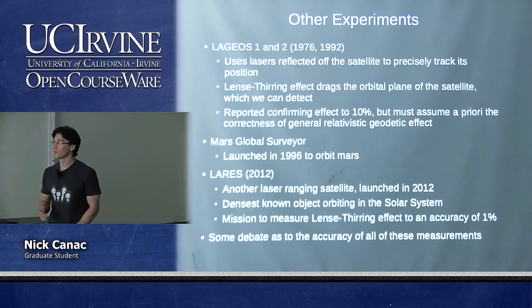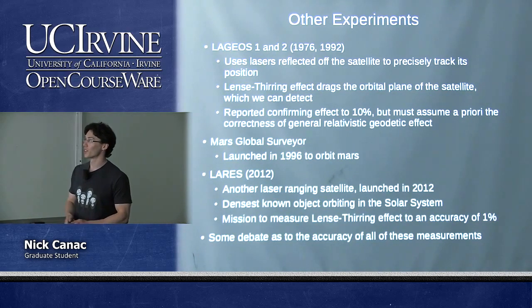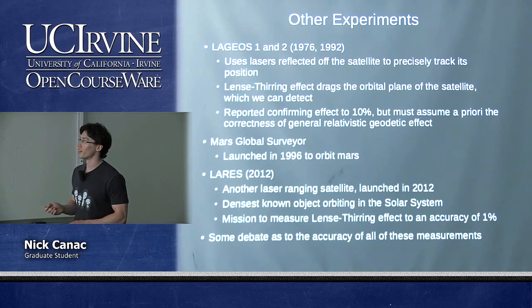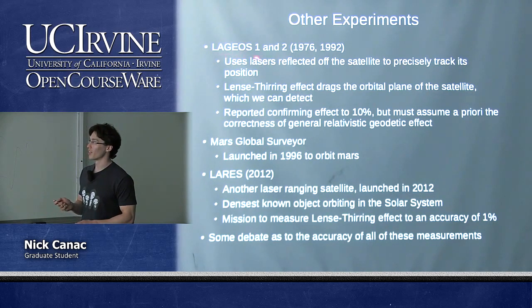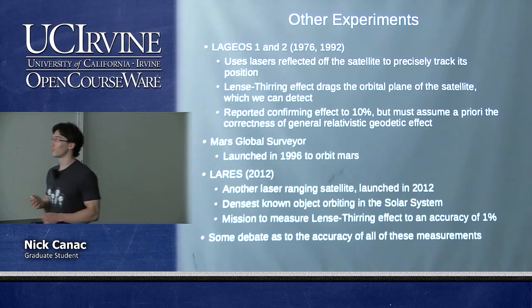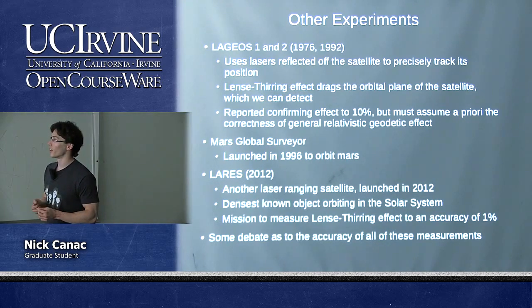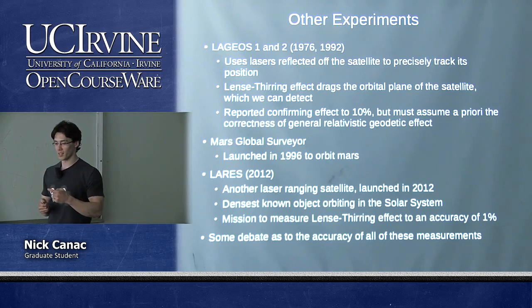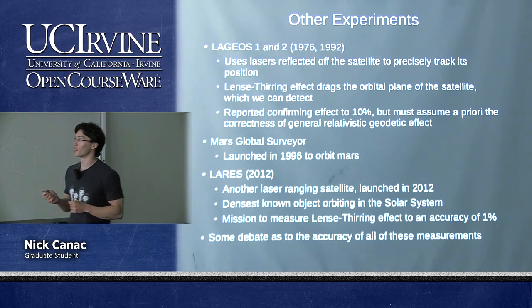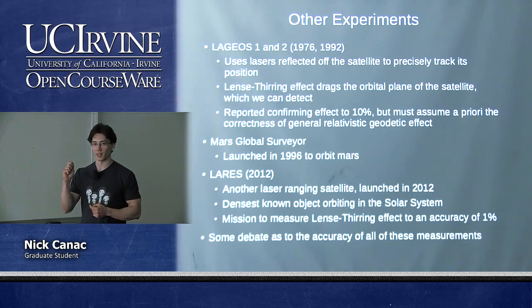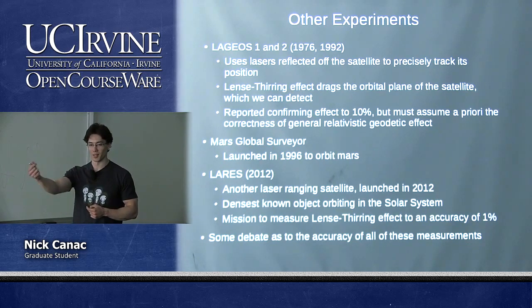So just a few other experiments which I didn't look into quite as in depth. There's these LAGEOS 1 and 2 satellites, and basically they're reflective satellites that are rotating around the Earth, and we track their position very accurately by shooting lasers at them, and then the lasers reflect back.